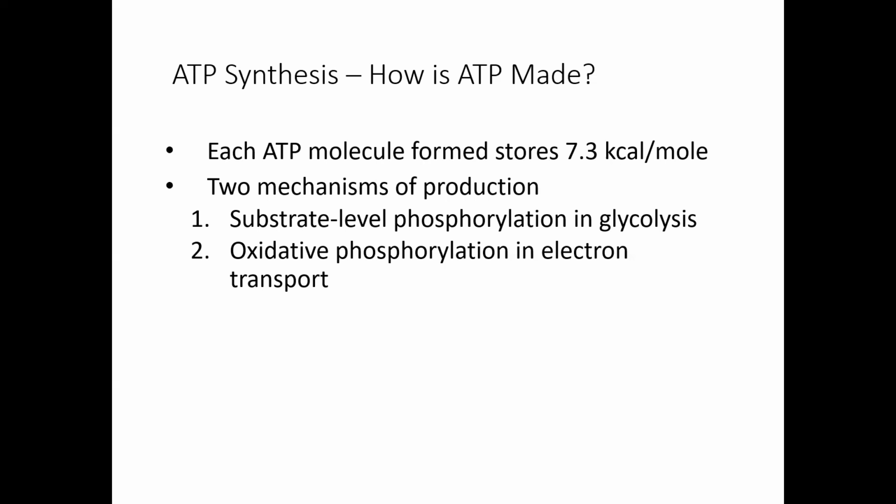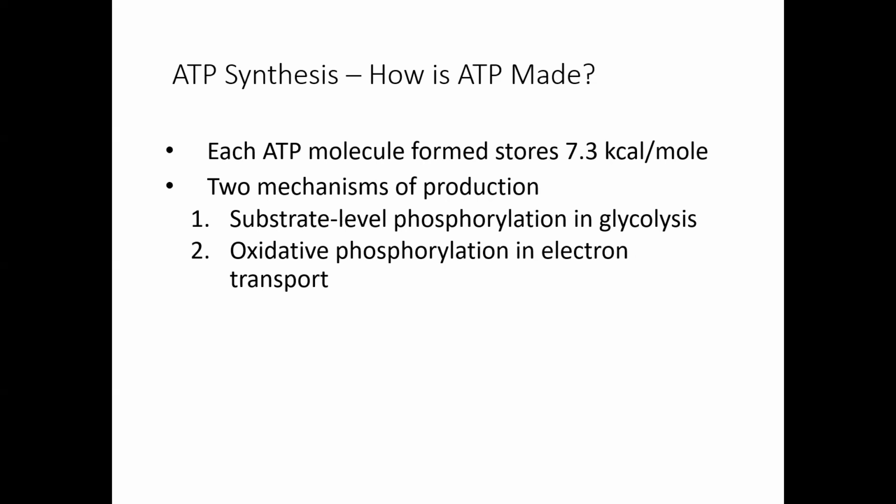The other way takes place inside the mitochondria. This is known as oxidative phosphorylation. We call it that because we use oxygen to drive the phosphorylation. We use oxygen to receive the electrons when they're at the end of their run.